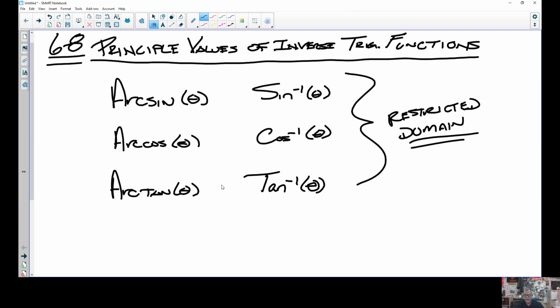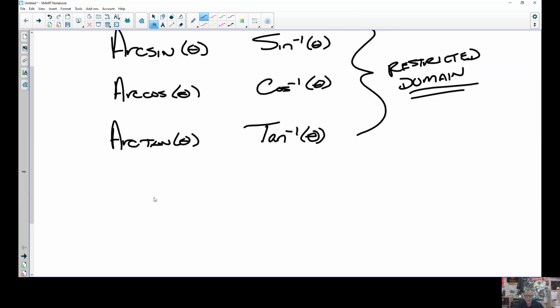All right, let's look at an example. If I gave you tan inverse of 1, the angle whose tangent is 1. We know in the past when we were asked to find this, it would say find all values for theta, or to solve for this.